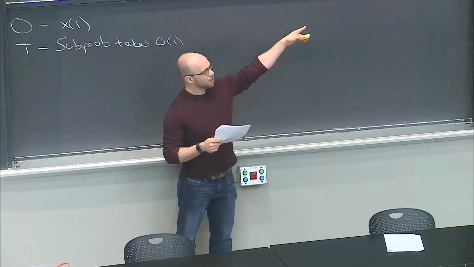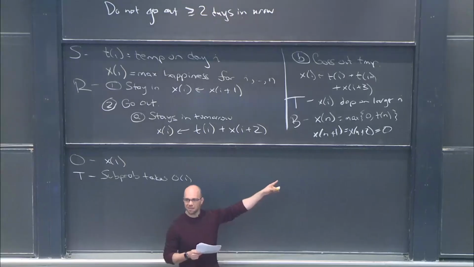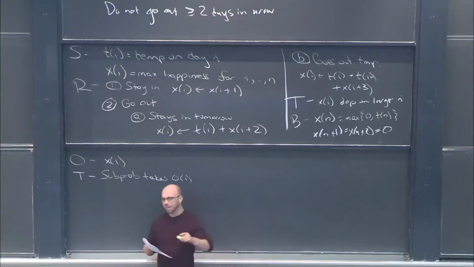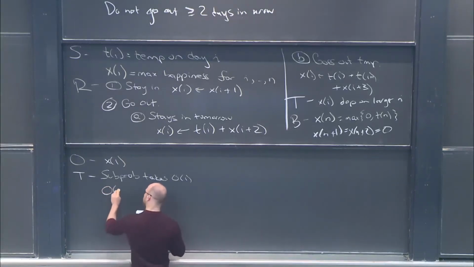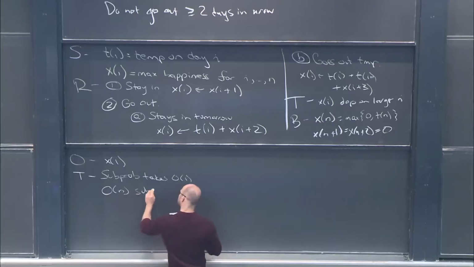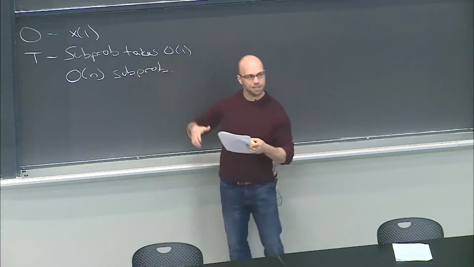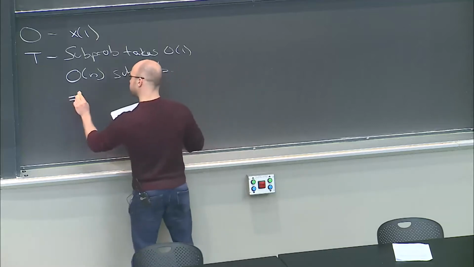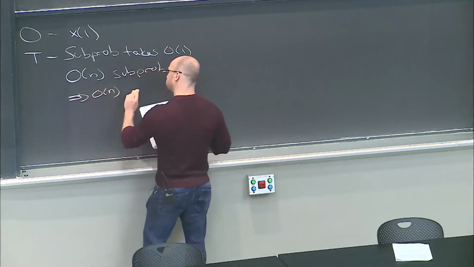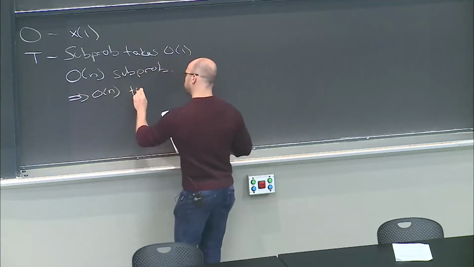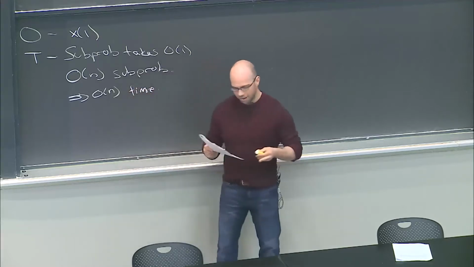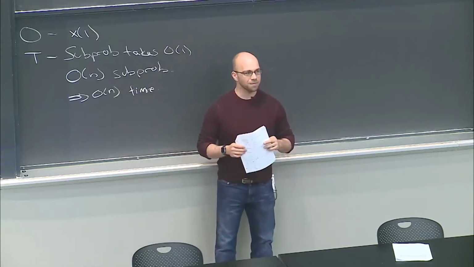Well, there's, I guess, n plus 2 max if you want to be conservative about it. So in particular, there's order n subproblems. So all I have to do is multiply these 2 things together, and my algorithm takes order n time. And that's our solution to problem number 1.